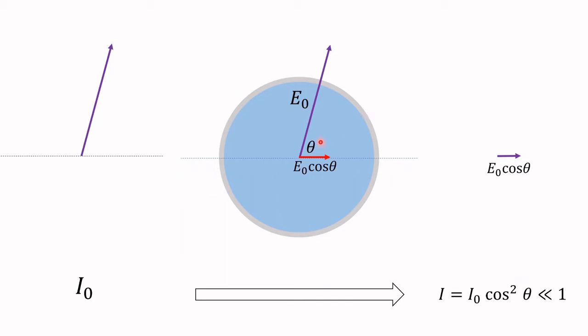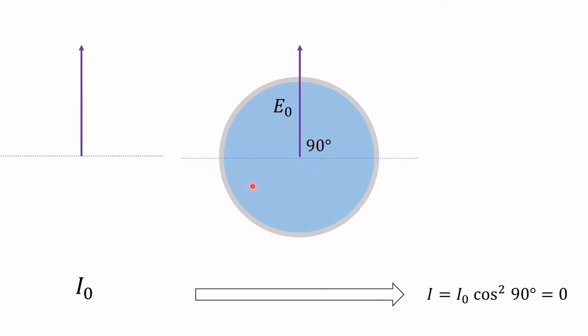So the cosine of an angle close to 90 is a number close to 0. If the angle between the incident polarization and the axis of the filter really is 90, then supposing that the filter is ideal, you get 0 transmitted light. That's a special case of Malus's law.